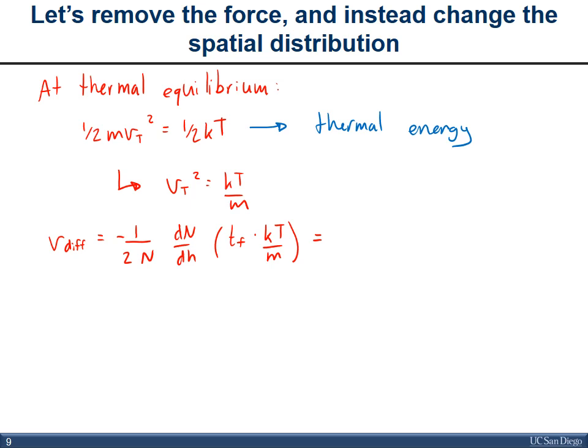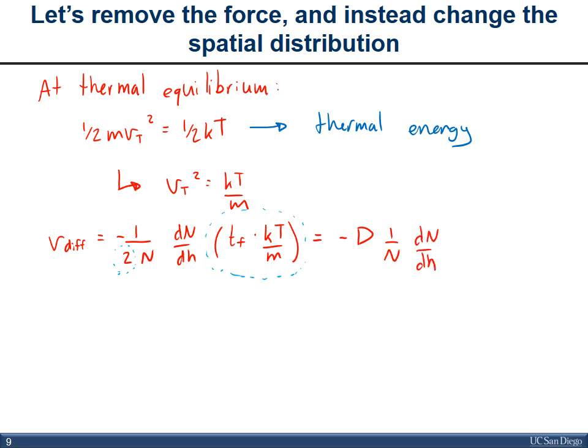We can simplify this a little bit: I'm going to pull this factor of 2 out, and pull this parameter out here. Please take a moment to think about what this might be. Indeed, that is the diffusion constant, minus D, 1 over n dn/dh.